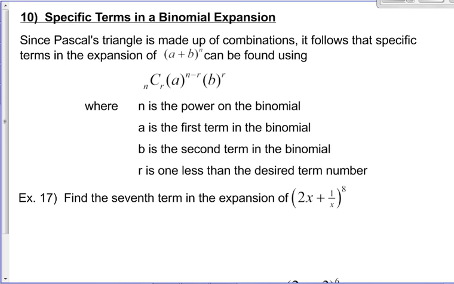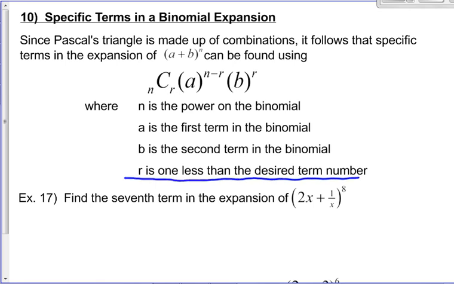So if you want a specific term in a binomial expansion, you can use a formula like this, where n is the power on the binomial, a is the first term in the binomial, b is the second term, and r is the tricky one. It's one less than the desired term number.